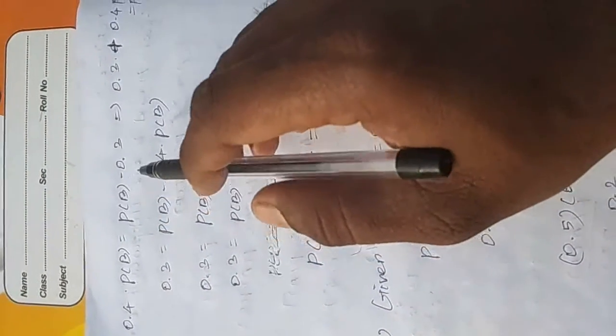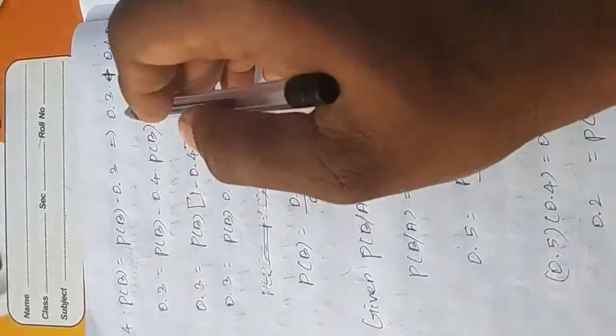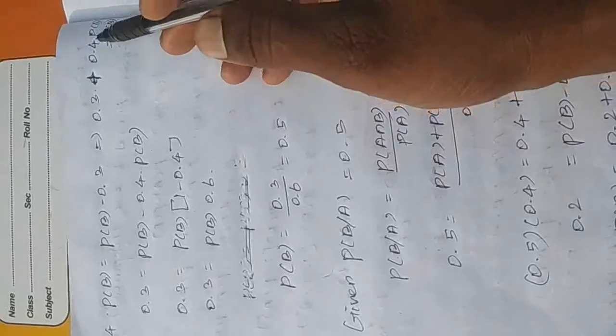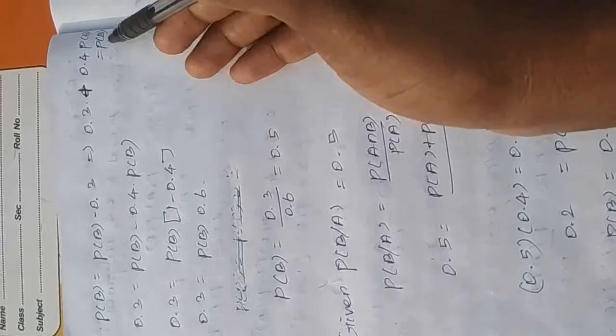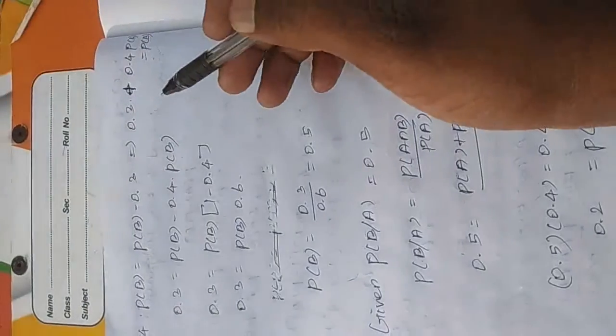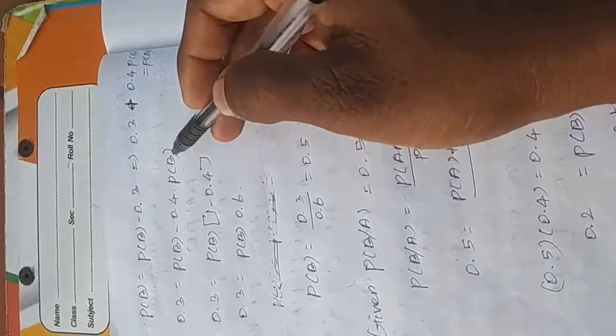In this case minus 0.3 on the opposite side becomes plus 0.3, and 0.4 P of B stays. Now 0.3 equals P of B minus 0.4 P of B. Okay, 0.3 as it is. Now plus 0.4 P of B on the opposite side becomes minus 0.4 P of B.